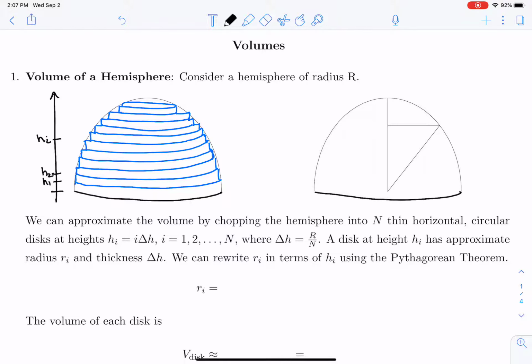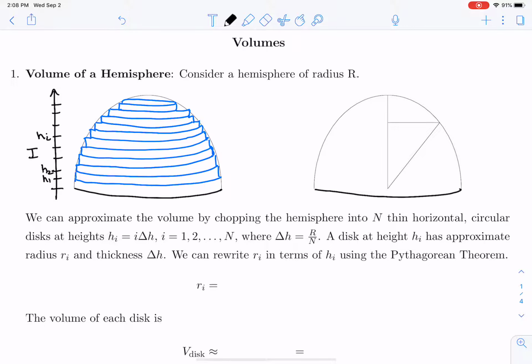And we know that the height of this hemisphere is R, so delta h, which is the distance between slices, or the thickness of the slices, is going to be R over n.